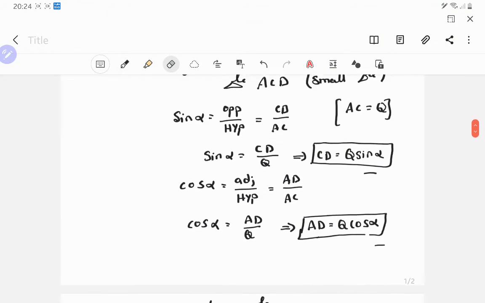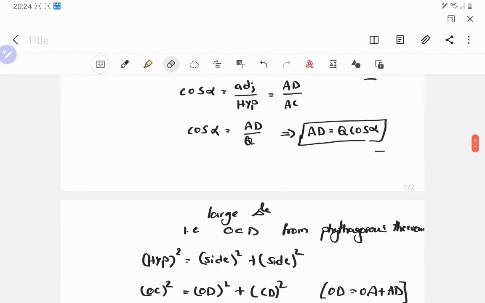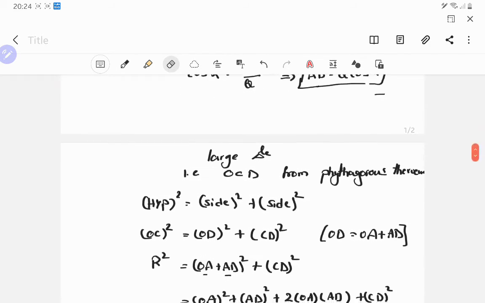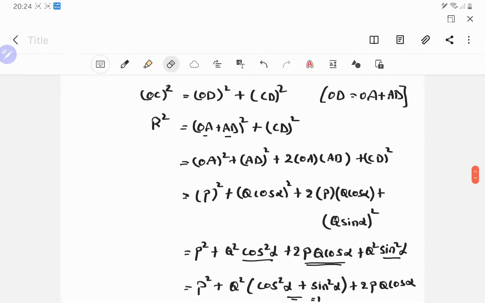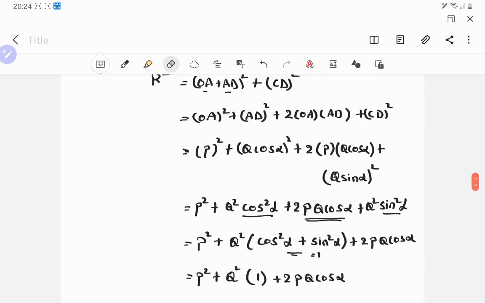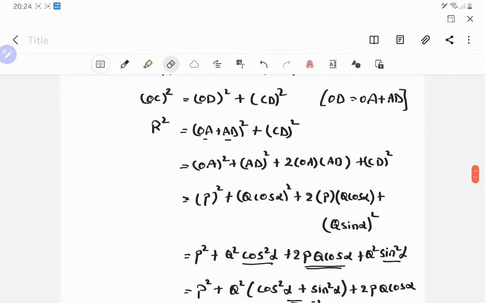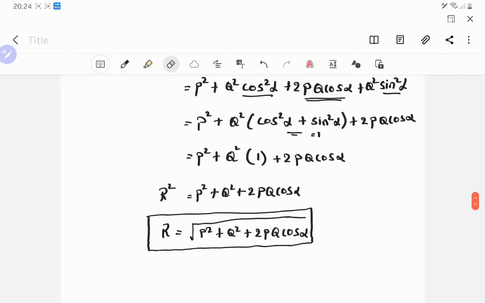The second time I used the large triangle OCD, and from that I used the Pythagoras theorem, which is hypotenuse square equal to side square plus side square. From that, a plus b whole square, a square plus b square plus 2ab, with OA as a and OD as OA plus AD.